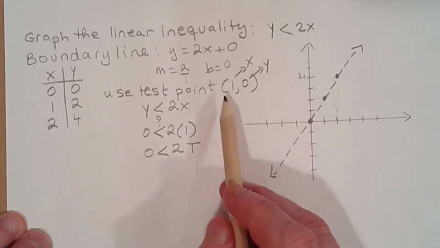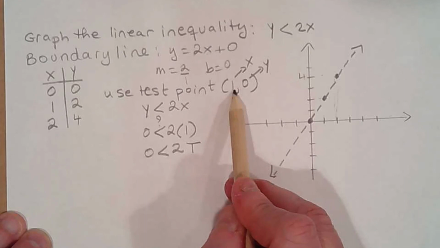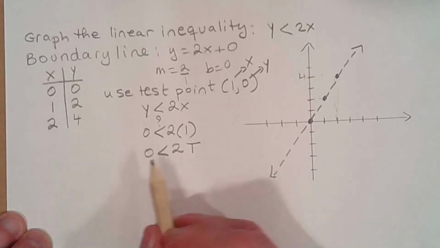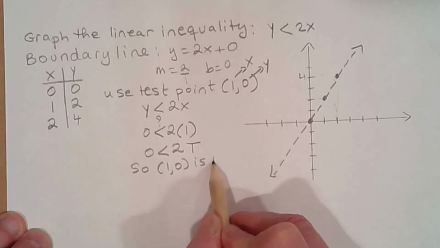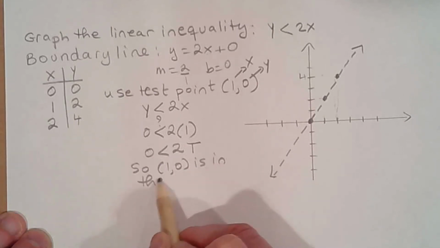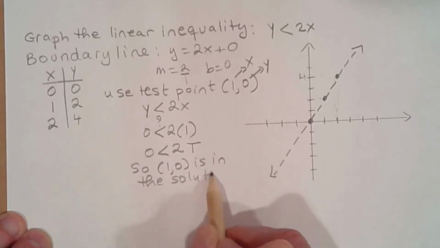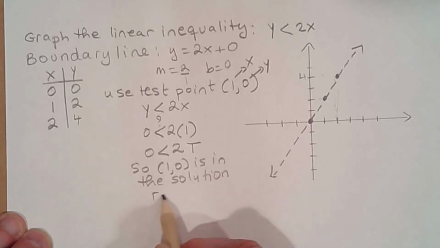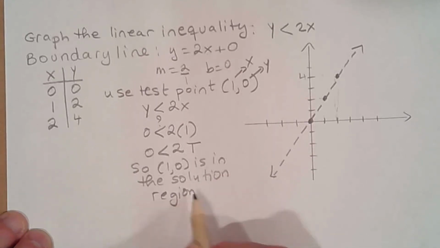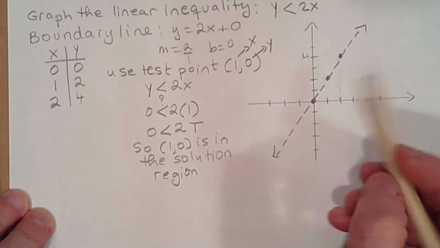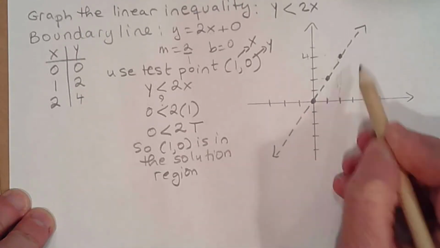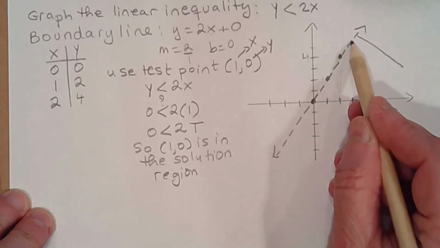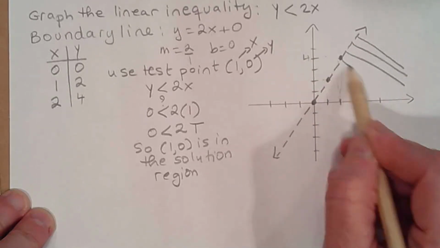It means the test point that I used is in the solution region. So (1, 0) is in the solution region. So this one right here is in the solution region. So this is the solution region below the line.